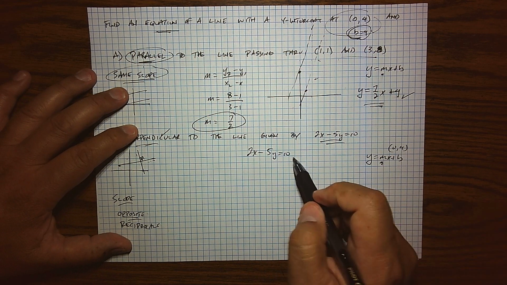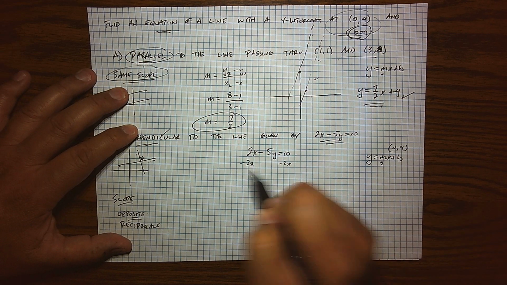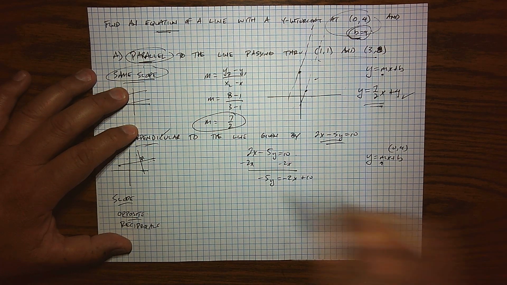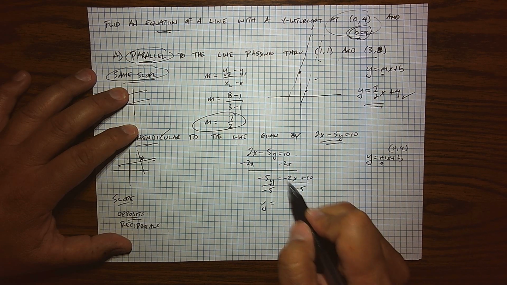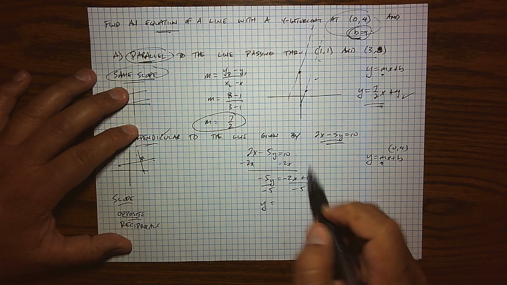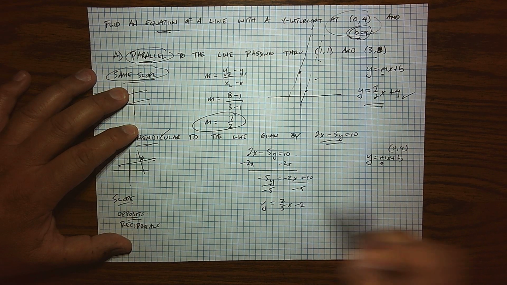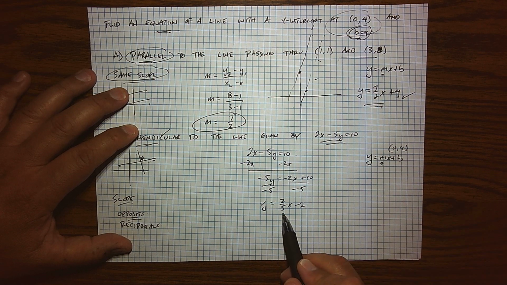What's the quick way to find the slope of this line? Let's convert this to y equals mx plus b. I'll subtract 2 from both sides, divide by -5, and make sure you remember there are two fractions there. There's 2/5 x, and then that gives us a -2. So I have two separate lines here, and this line has a slope of 2/5.